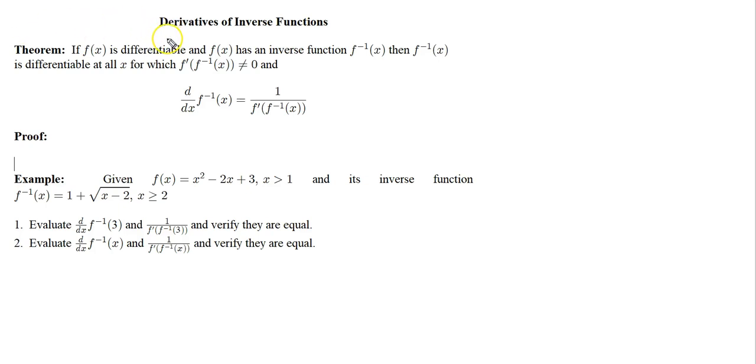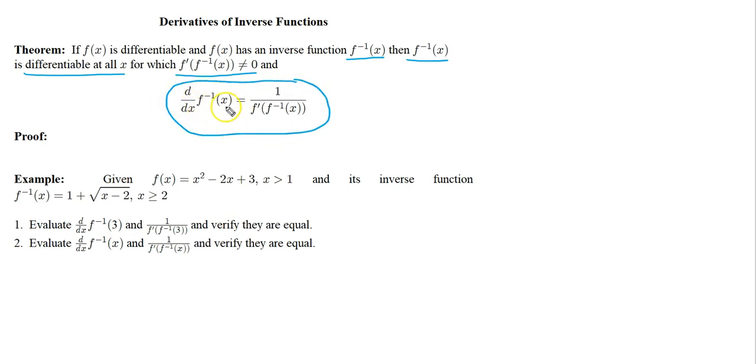In this video, we're going to take a look at the relationship between the derivative of an inverse function and the derivative of the original function. So we have this theorem that makes this statement. If f of x is differentiable and it has an inverse function, call it f inverse of x, then f inverse of x is itself differentiable at all values of x for which f prime of f inverse of x does not equal 0, and we have this relationship.